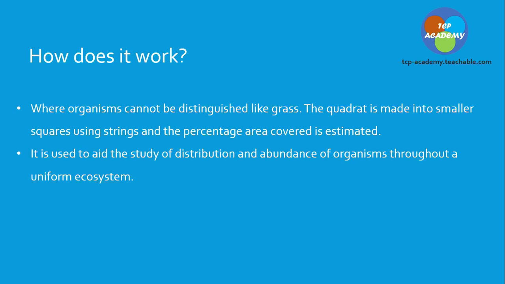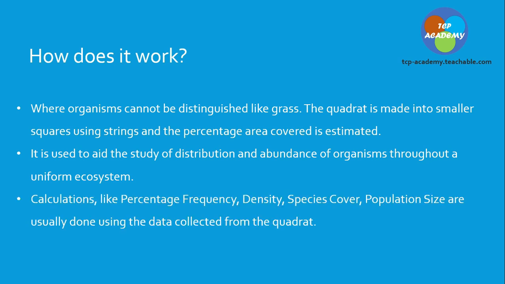It is used to aid the study of distribution and abundance of organisms throughout a uniform ecosystem. Having thrown the quadrat, there are a number of things that we could do in estimating population.